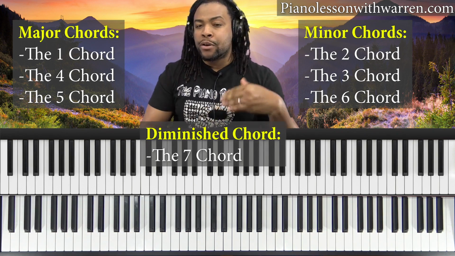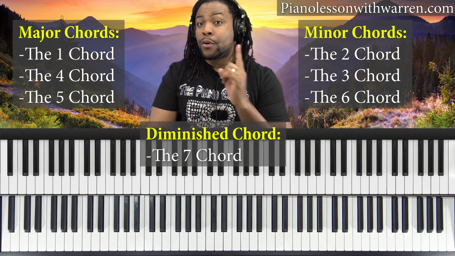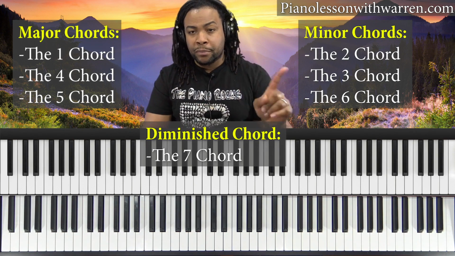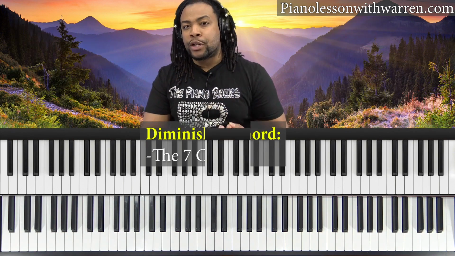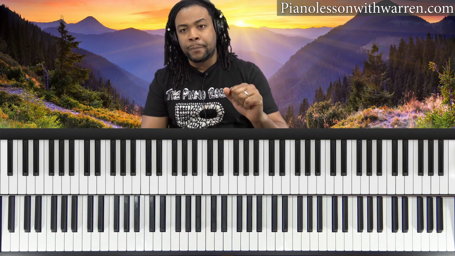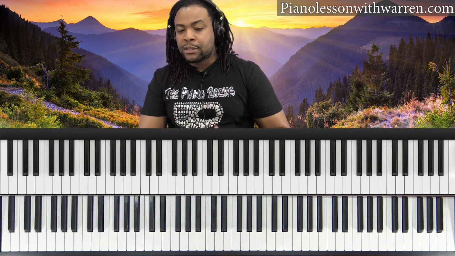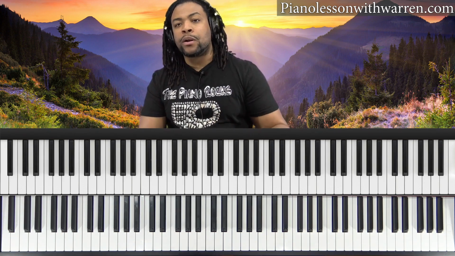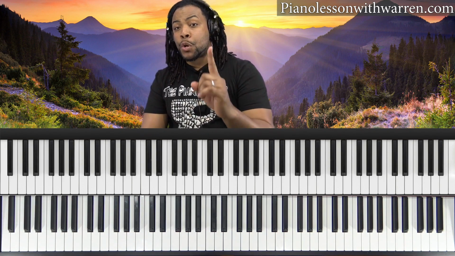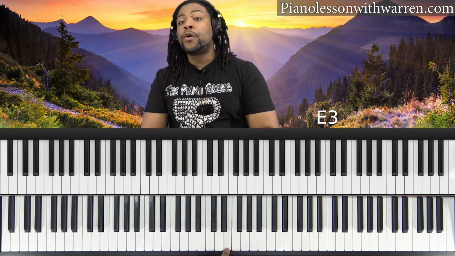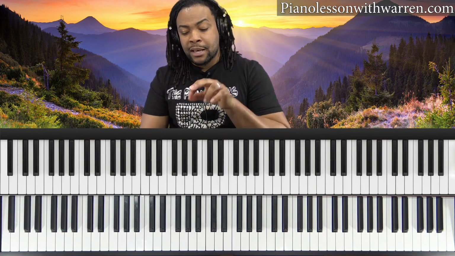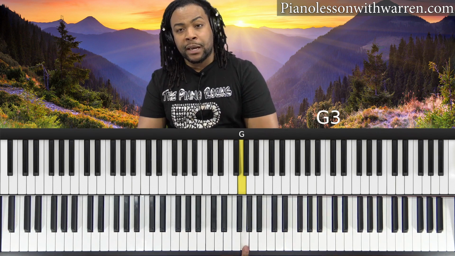Now you hear me start talking about chord 1, chord 6, chord 7, chord 2, and 3, etc. I'm no longer referring to 1st degree, 2nd degree. We talk about 1st degree, 2nd degree, and 3rd degree when we're talking about a single note. So I might say this is the 3rd degree of the C major scale. This is the 5th degree of the C major scale.